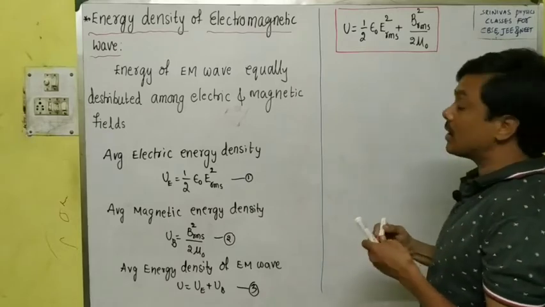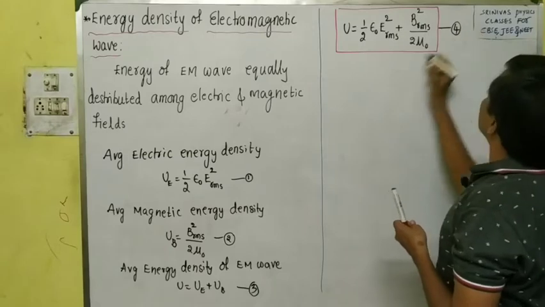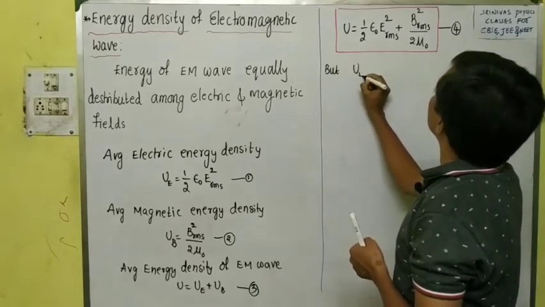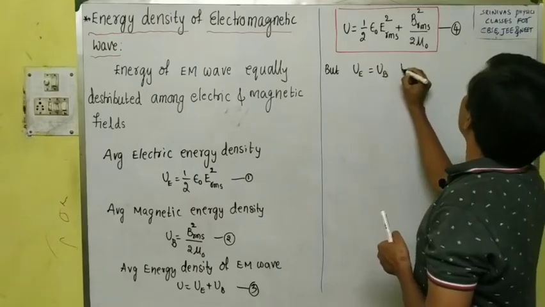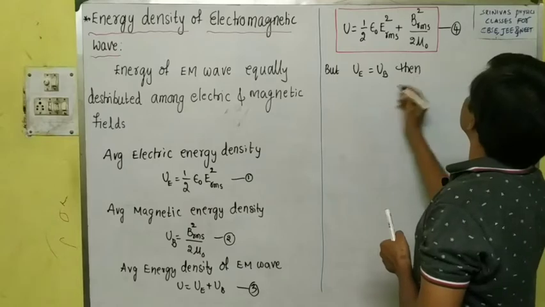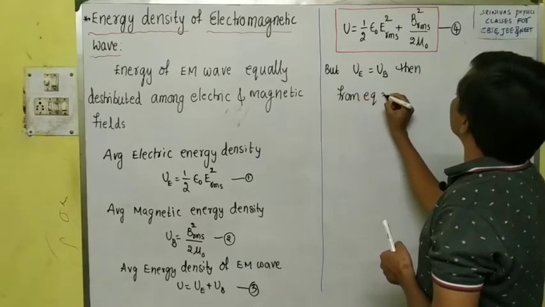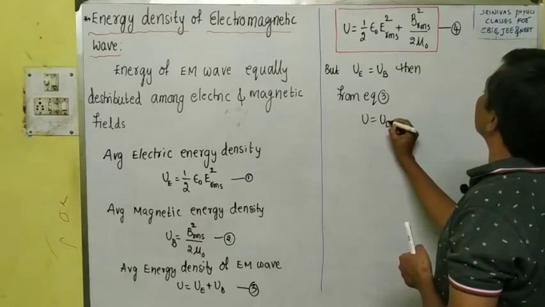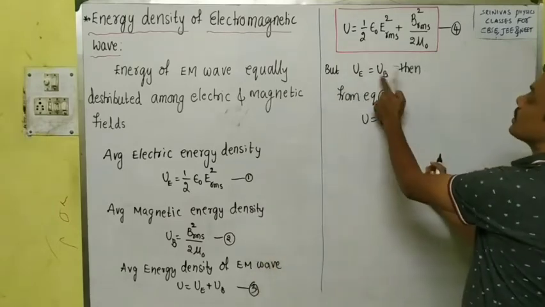Very important formula. Now we know one thing, that the energy density in the electric field is equal to the energy density in the magnetic field, both are equal. Then from equation 3 we write U is equal to UE plus UB, but UB is also equal to UE.